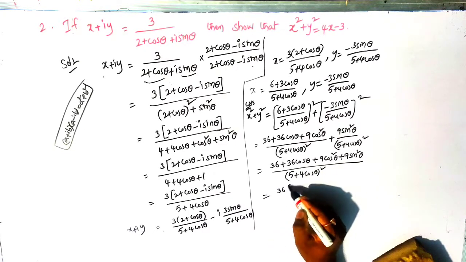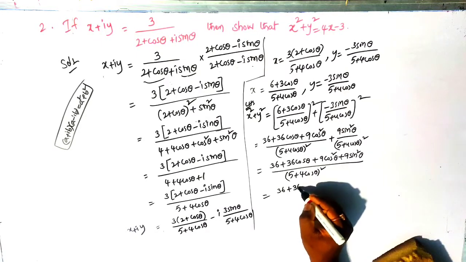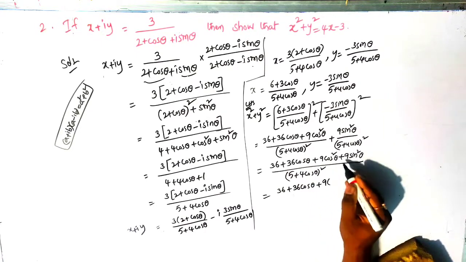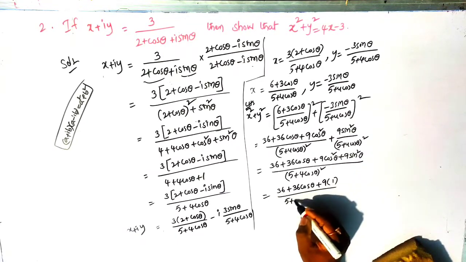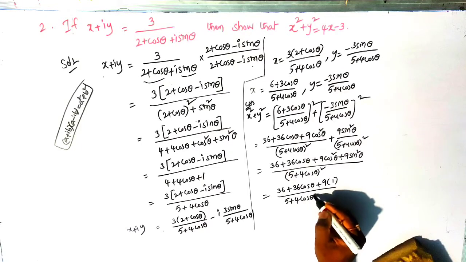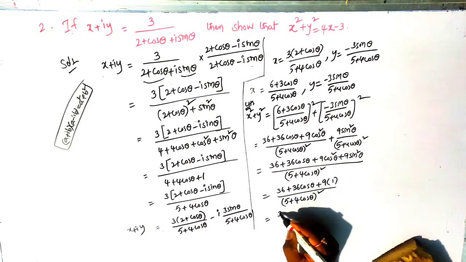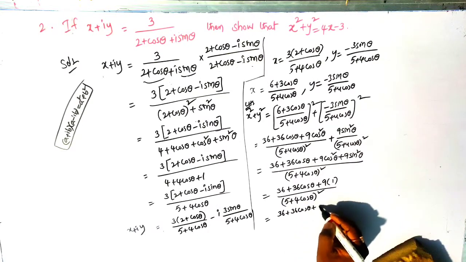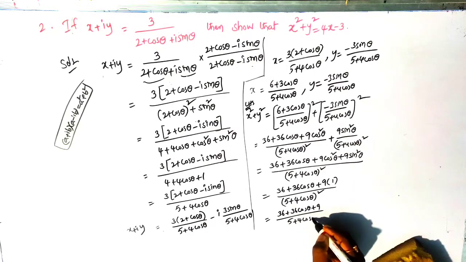So 36 plus 36 cos theta plus 9 of (cos square theta plus sin square theta), that is nothing but 1, by (5 plus 4 cos theta) whole square. So 36 plus 36 cos theta plus 9 by (5 plus 4 cos theta) whole square.